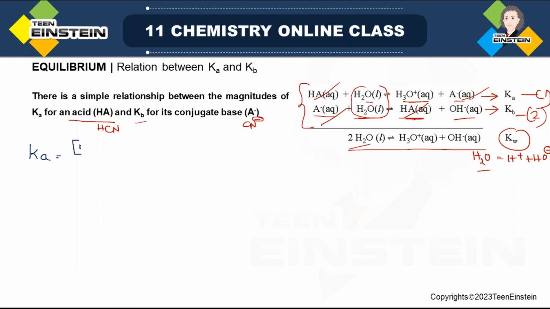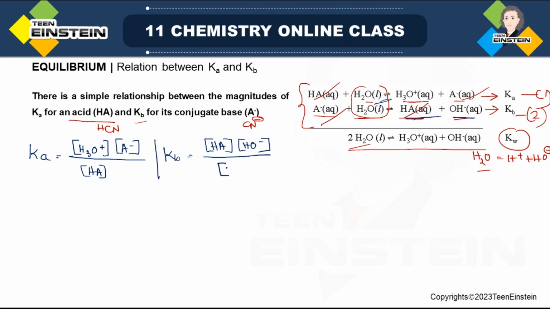Ka is the concentration of H3O+ times the concentration of A-, divided by undissociated HA. I will not write H2O because it is present in excess. Similarly, Kb is equal to HA and HO- divided by A-. I will not write H2O.